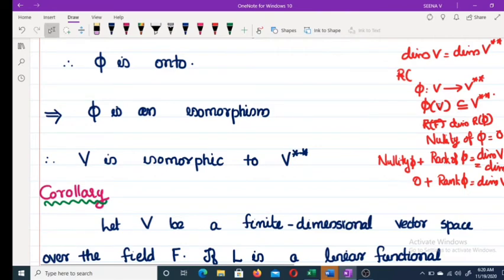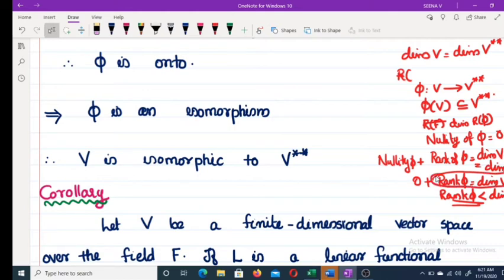Here, if the range space is properly contained in V double star, then if it is a proper subset, rank of phi is strictly less than dimension of V double star using one result. But here we get rank of phi equal to dimension of V double star.